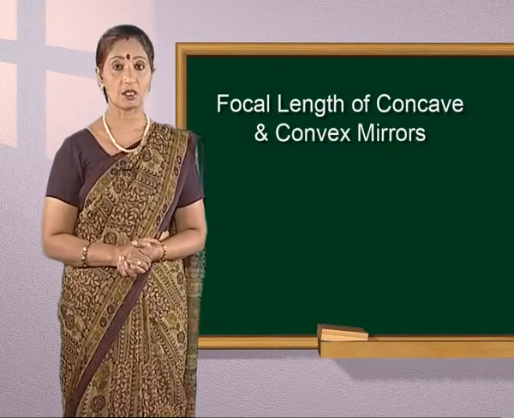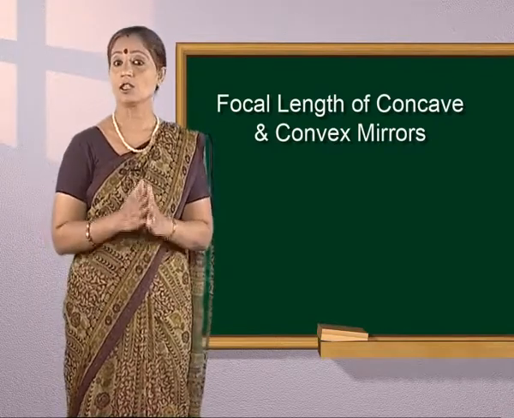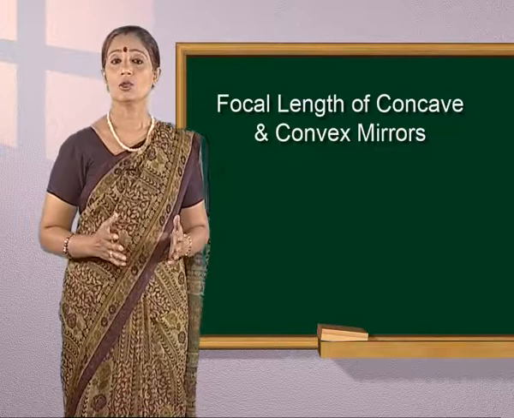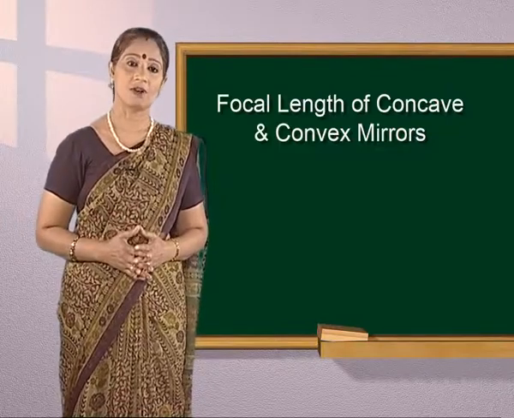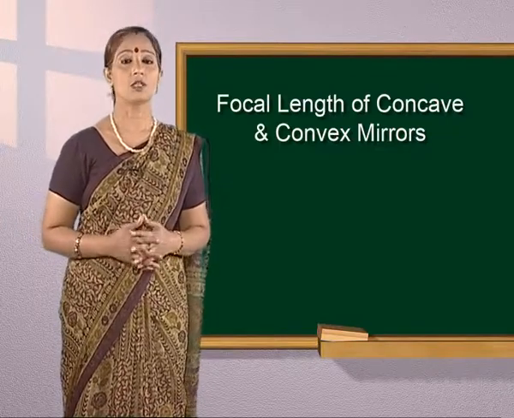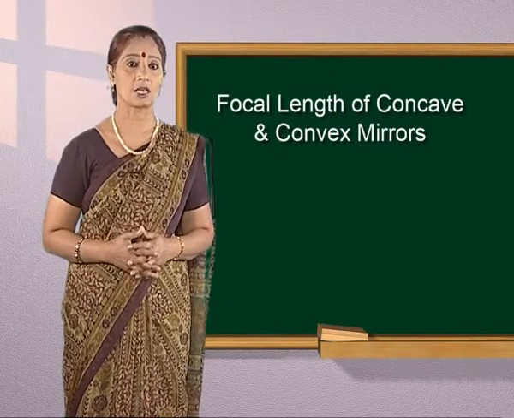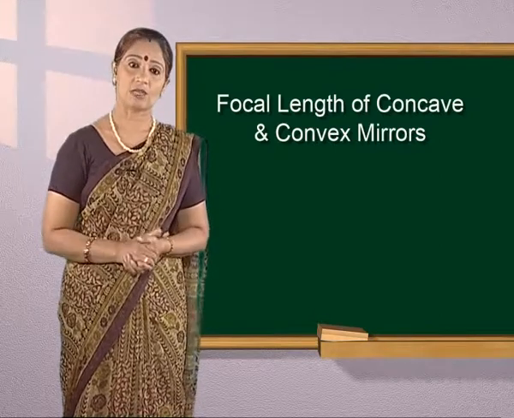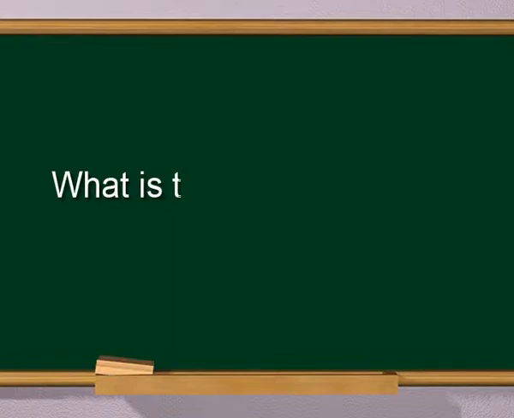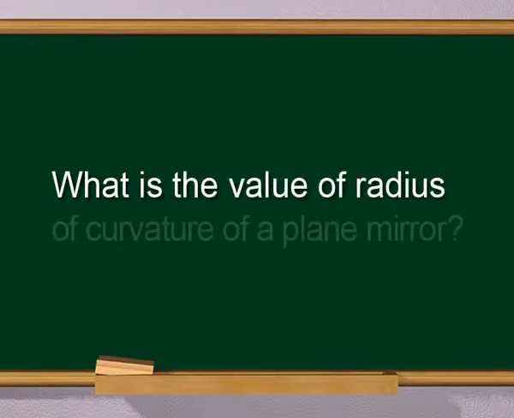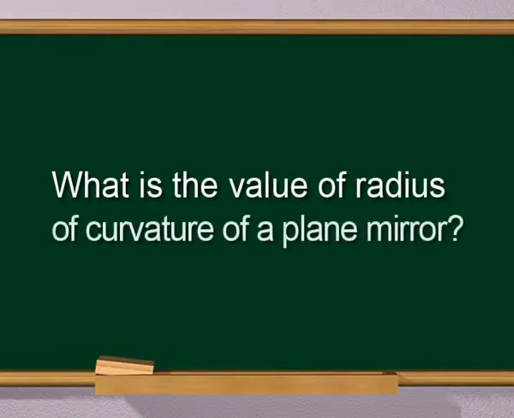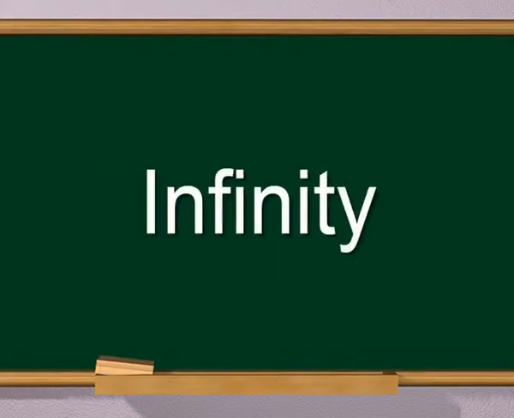So students, I will now introduce you to some viva questions related to the two experiments taught today. The first question is, what is the value of the radius of curvature of a plane mirror? The answer is infinity.